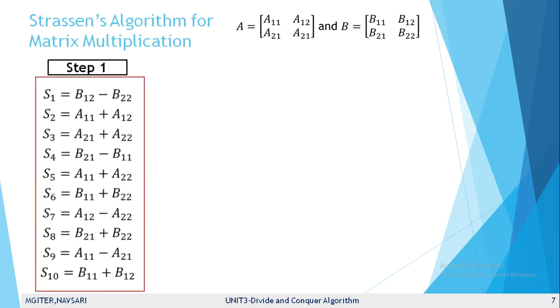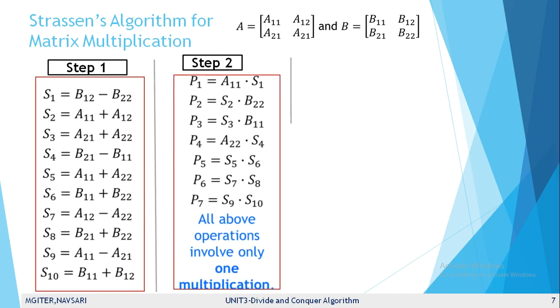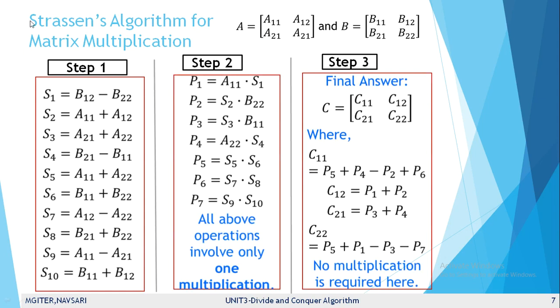Here it provides the following equations for matrix multiplication. It uses 7 multiplications, 1, 2, 3, 4, 5, 6 and 7, for finding C11, C12, C21 and C22. These equations are provided for finding the resultant matrix.